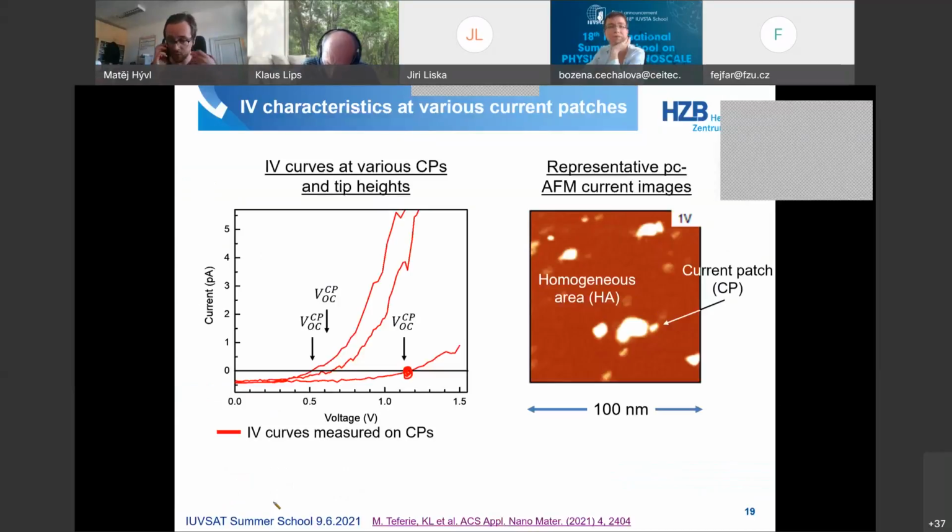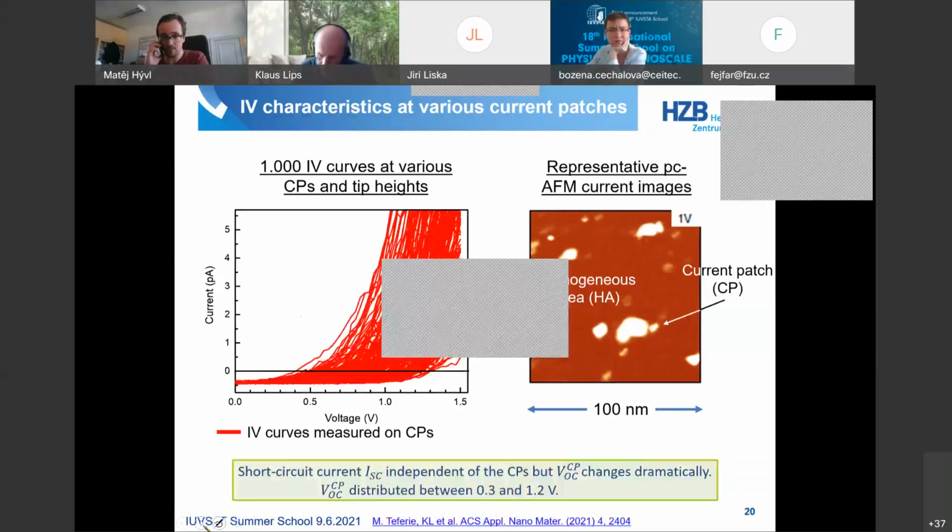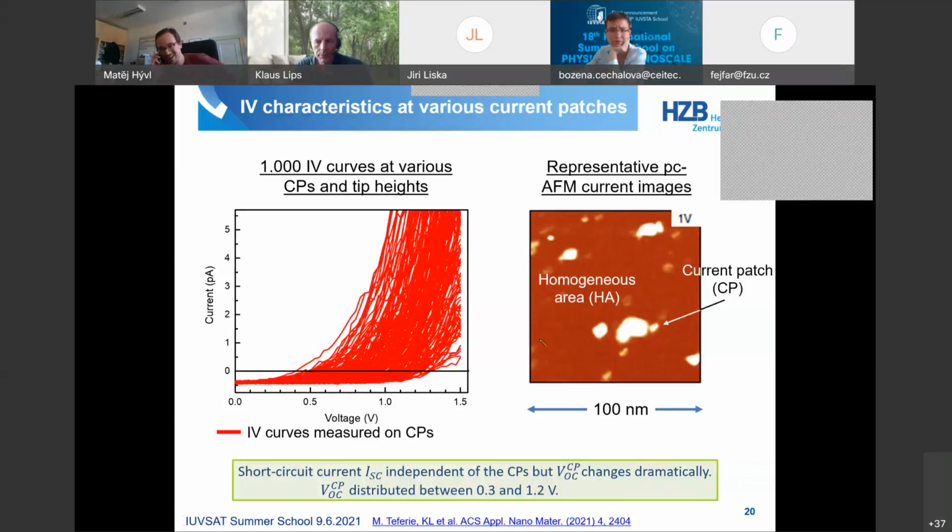Now, if you look at all the IV curves, this is the IV curves of 1,000 spots, and you can see it's all over the place. So how can it be that we have open circuit voltages that are higher and clearly lower?